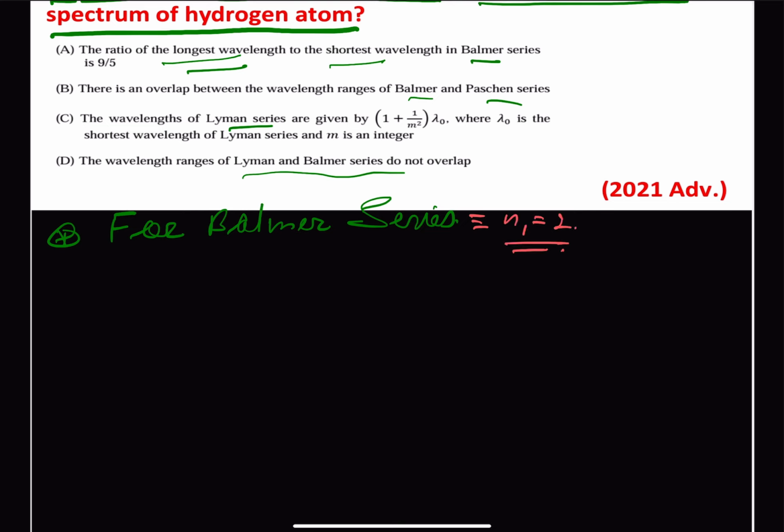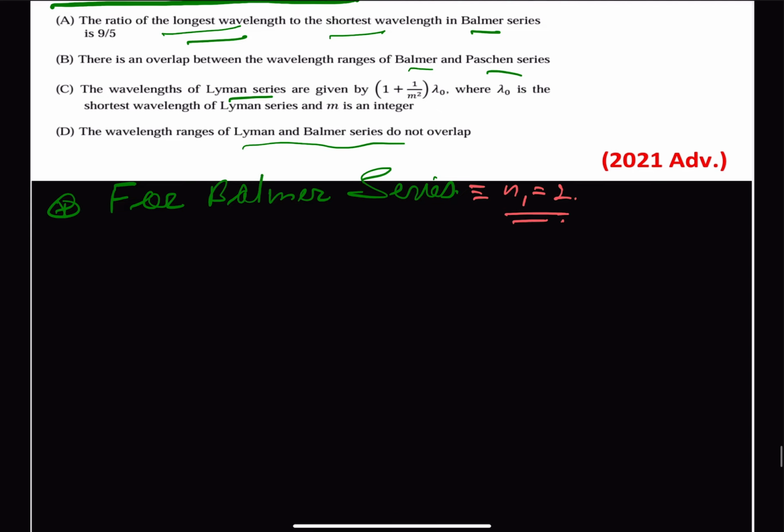And the value of n2 will be 3, 4, 5 and so on. Therefore, we can write that 1 upon lambda is equal to our Rydberg formula, R times 1 upon 2 square minus 1 upon n2 square, and our n2 will be equal to 3, 4, 5 and so on.